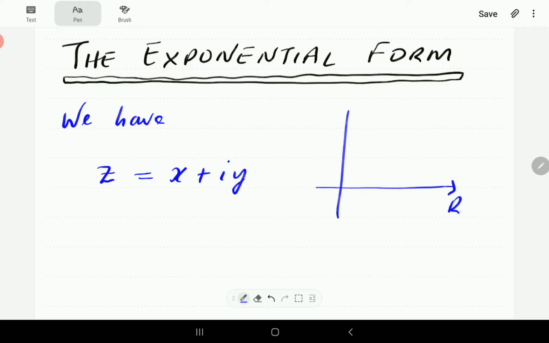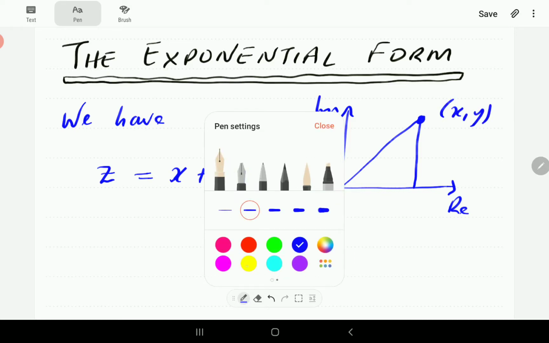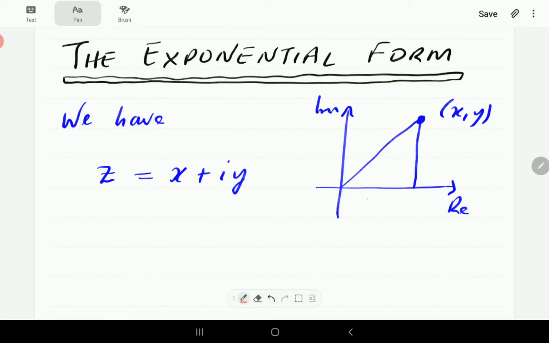Then we said this can be plotted on the Argand diagram, where this is equivalent to the point with coordinates x, y. So that means the horizontal side of this triangle is going to be x, and the vertical is going to be y.